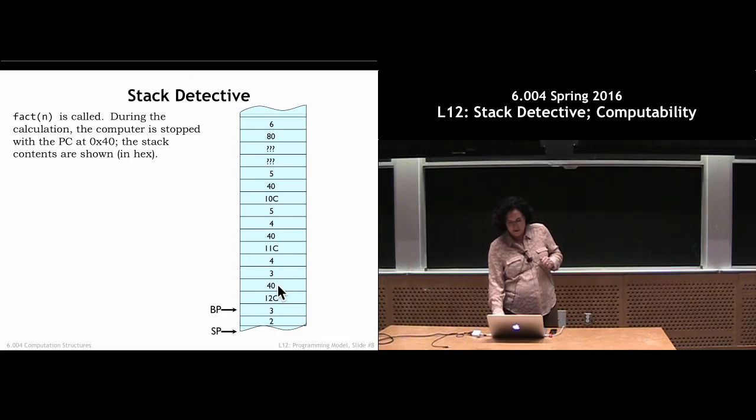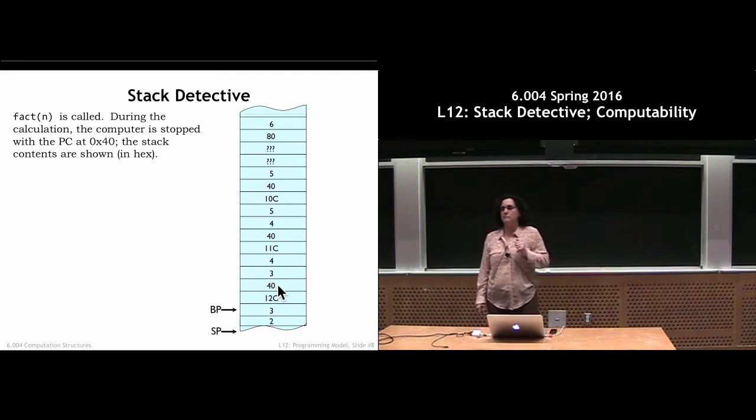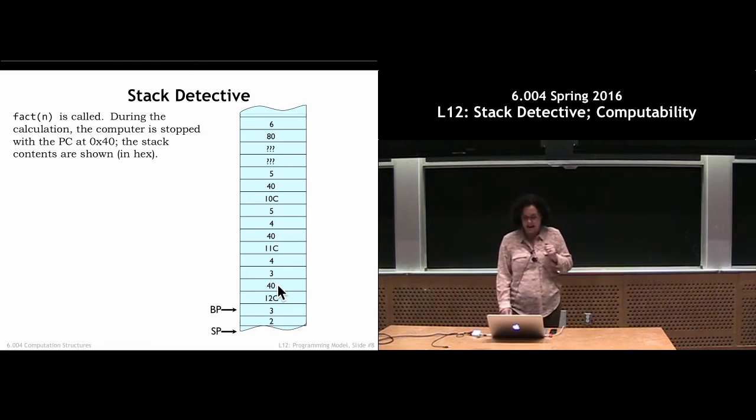Okay, so what are a couple other things that we want to be able to answer from this stack trace? Suppose that I give you this arbitrary looking stack trace, and I tell you that I got this from running factorial on n, and I happen to stop my computer when the PC was at address 0x40, okay?